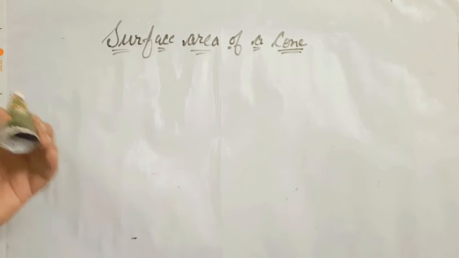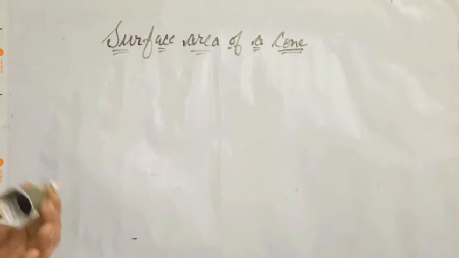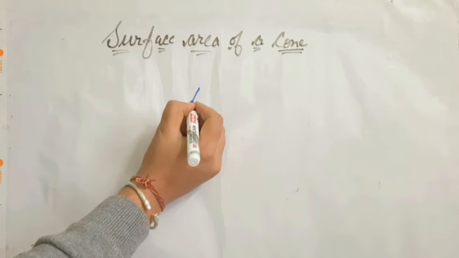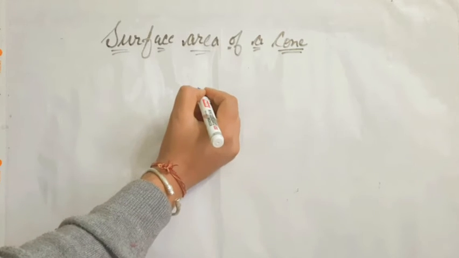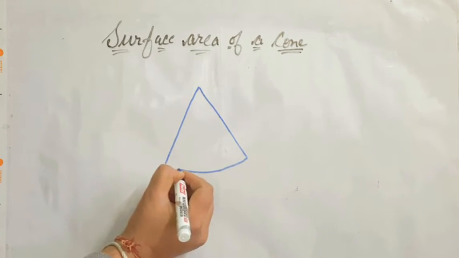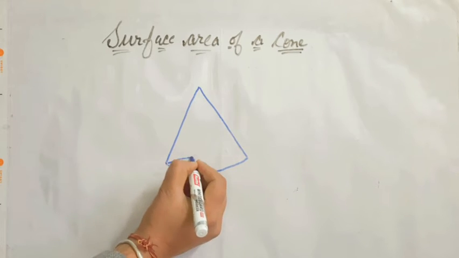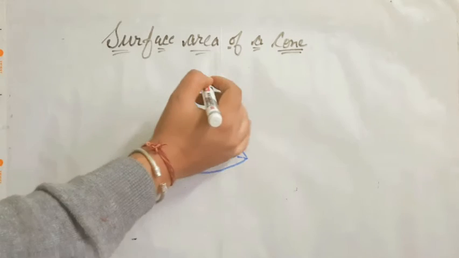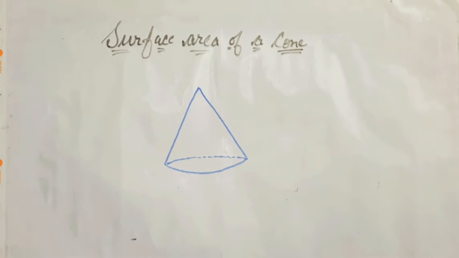Before going to the surface area, let us explore the figure. The shape of the cone is like this. It has a circular base at the bottom and a vertex at the top. What are its major parts?